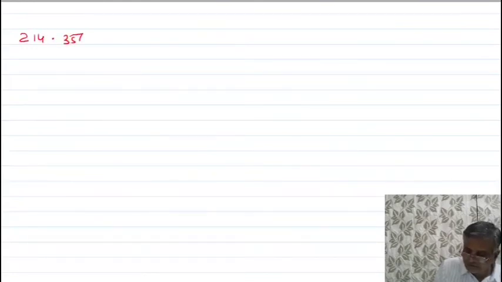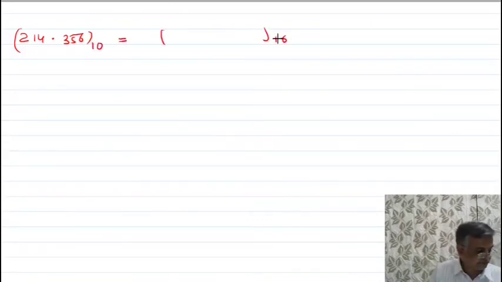But let us see some integer plus fraction. Let us see this. Convert 214.356 decimal number into hexadecimal number.